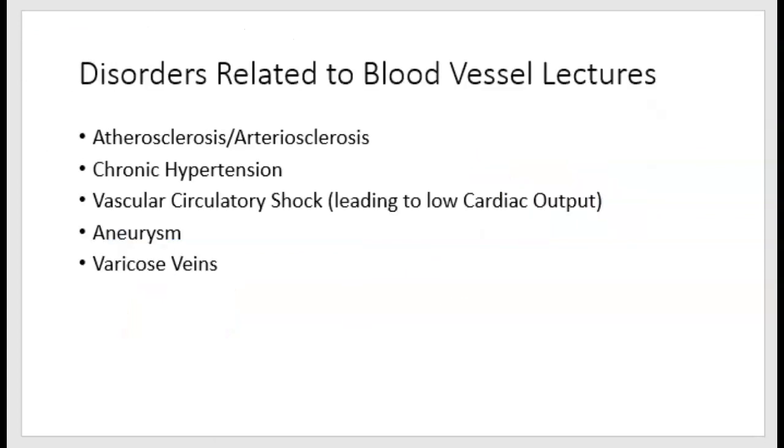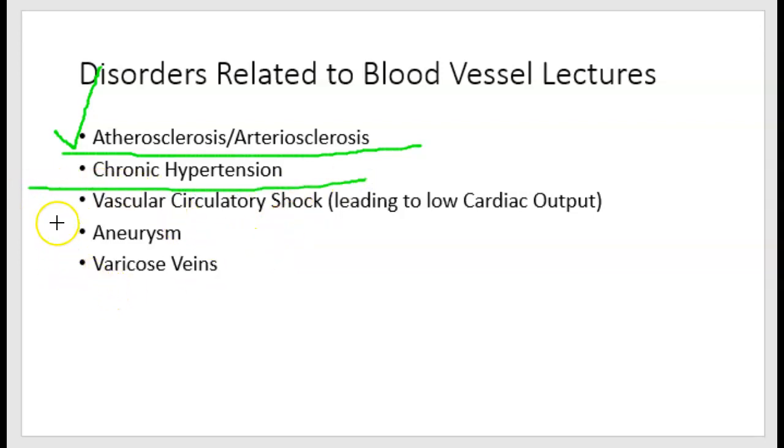Okay, now we're going to talk about the blood vessel disorders that were discussed in our lectures, and we've already talked about a couple of them, but I'll just mention them again. So the disorders in blood vessel lectures include arteriosclerosis or atherosclerosis, hypertension, chronic hypertension, a shock, which will lead to decreased cardiac output.